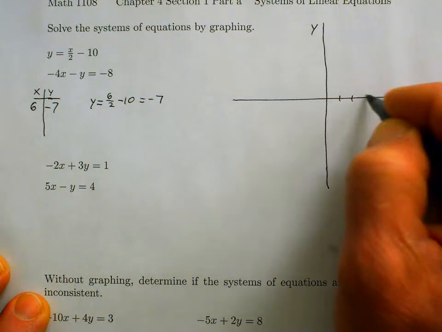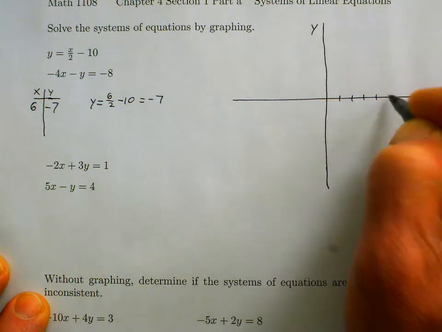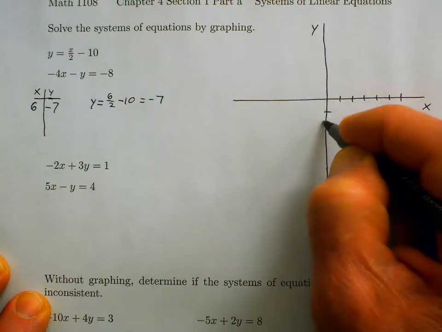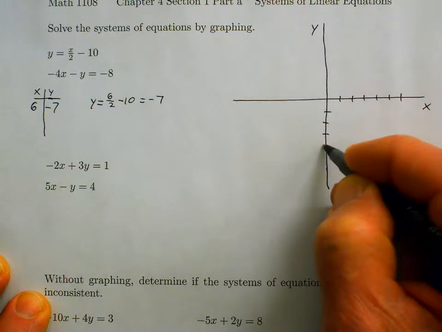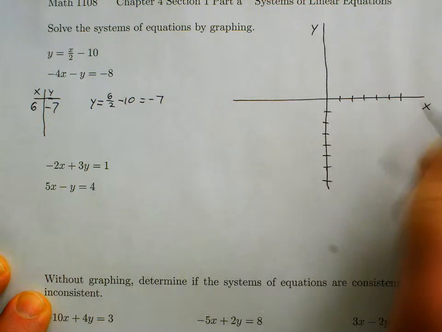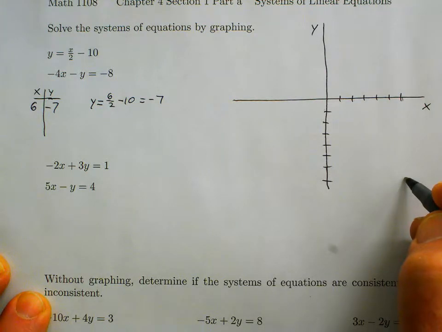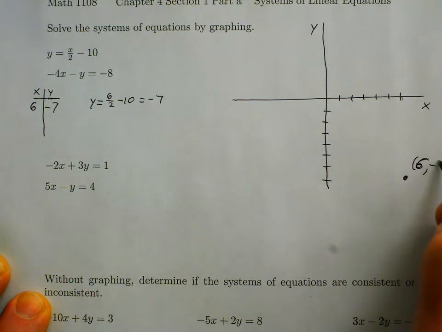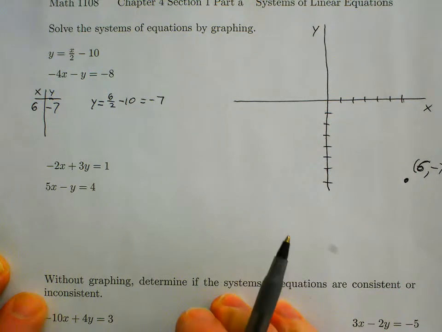So I think I'm setting myself up again. So 6, negative 7. So I've already sealed my fate, I think. 6, negative 7.